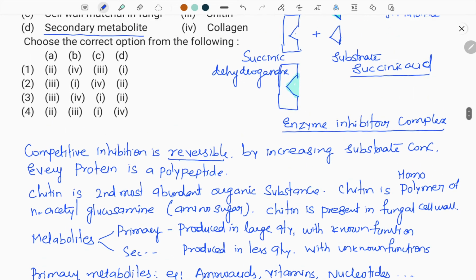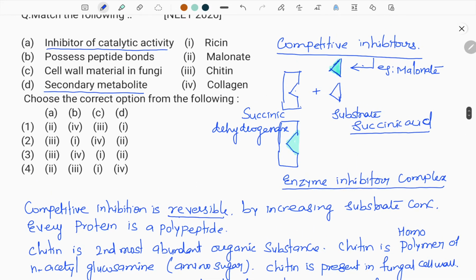Now let us see the question here. Inhibitor of catalytic activity, this is malonate. I told you that it is a competitive inhibitor of succinic dehydrogenase, the enzyme for succinic acid. So malonate exactly resembles the succinic acid and binds with the active site of SDH, succinic dehydrogenase, before binding of the succinic acid.